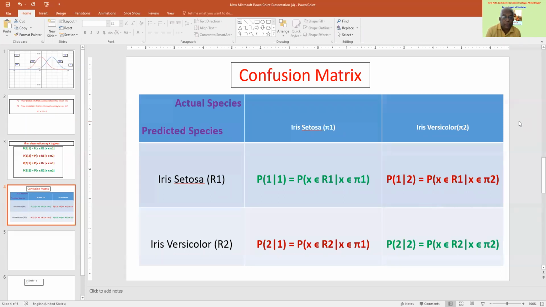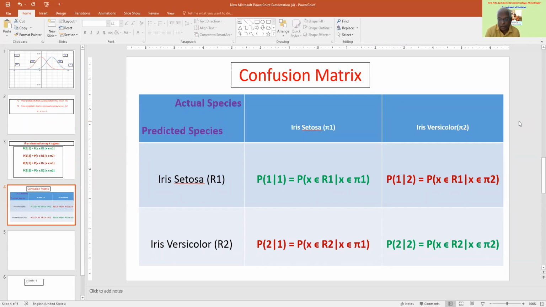If a flower is from setosa and it is classified as versicolor, then that probability is probability of 2 given 1. It is also a probability of misclassification. A flower from versicolor, if classified as versicolor itself, then that is P2 given 2, which is a probability of correct classification.